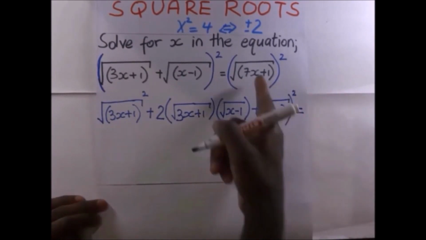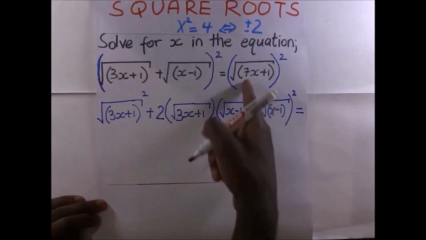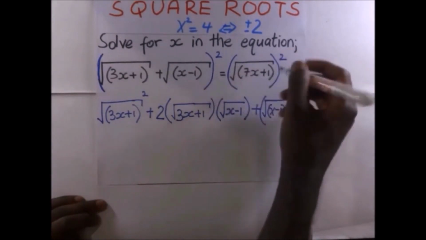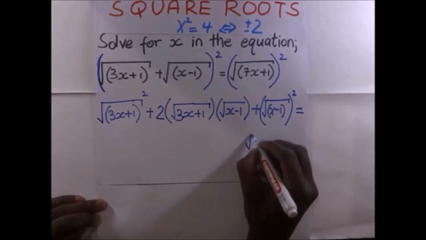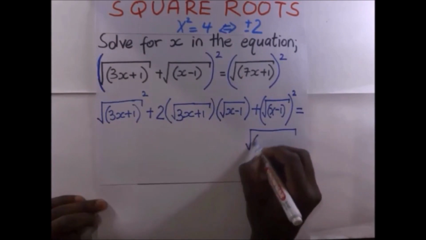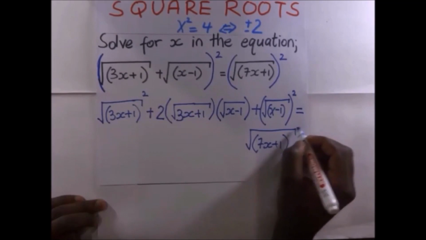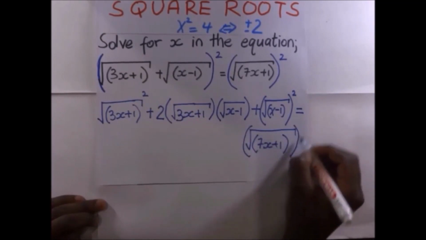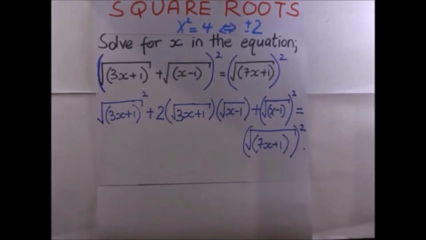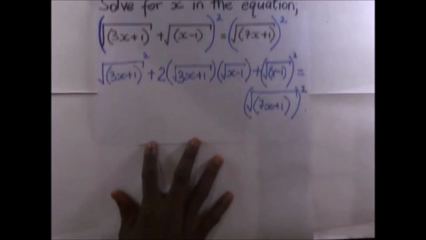And that is going to be equal to that squared. So when that is squared, this square root sign is going to become like that. So we go to our next step.